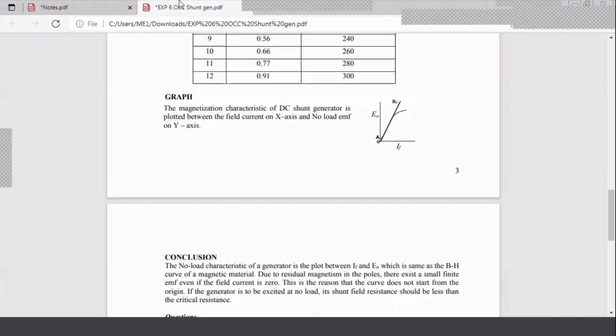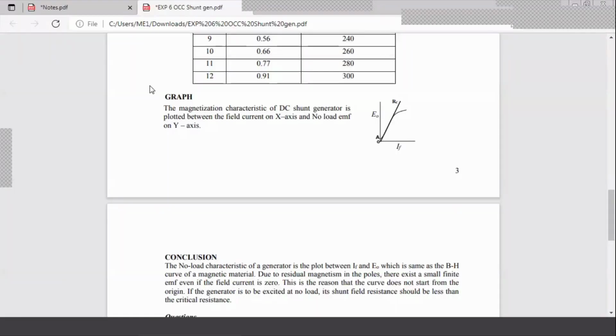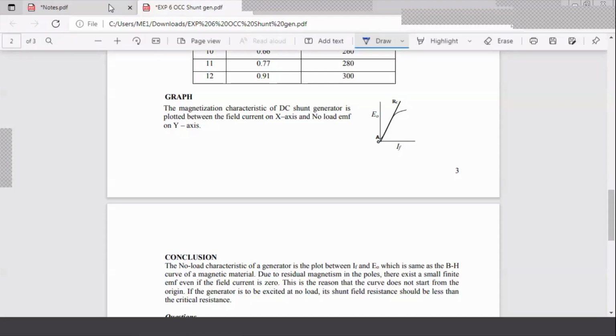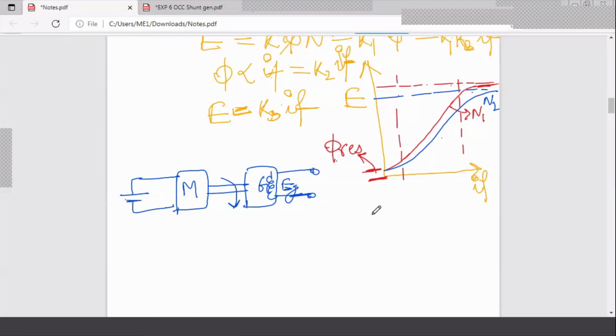Okay, so by the time the video is getting downloaded, I'll tell you one more thing about these characteristics we were talking about. For different speeds you will get different characteristics. These two characteristics are at different speeds.